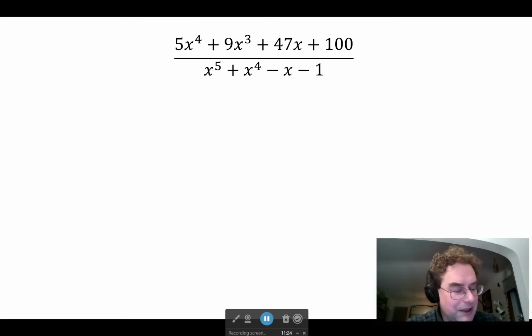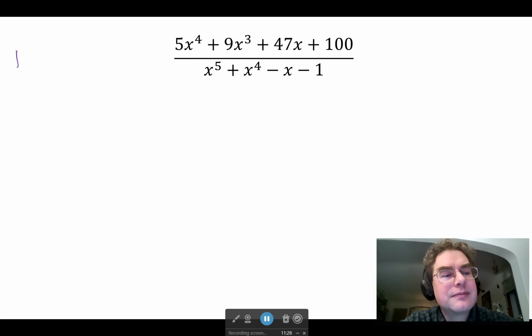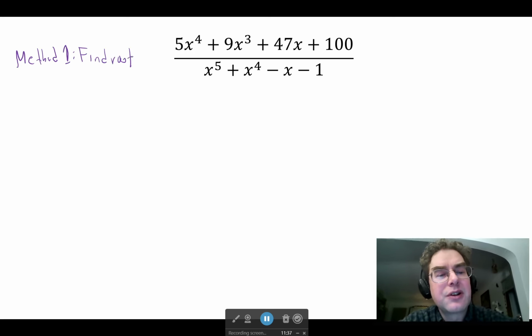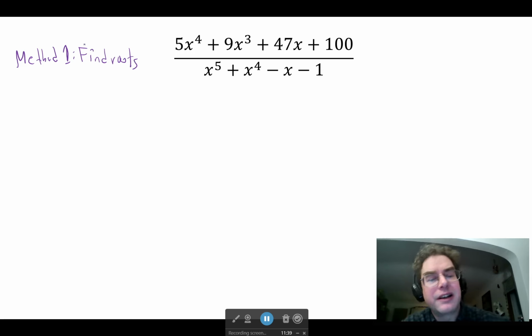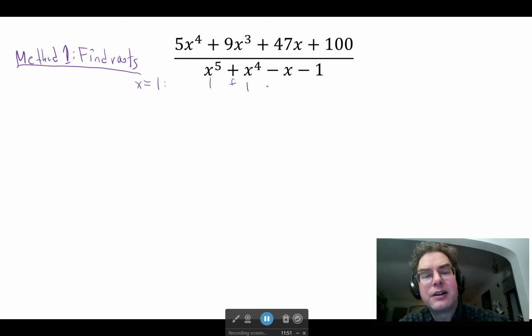Okay, so for method 1, here we're going to look for roots. So method 1, we want to find roots and then use those roots to get us going in our factoring. Okay, so one thing to notice is that if we try to put in x equals 1 here, we're going to get 1 plus 1 minus 1 minus 1, that is 0.